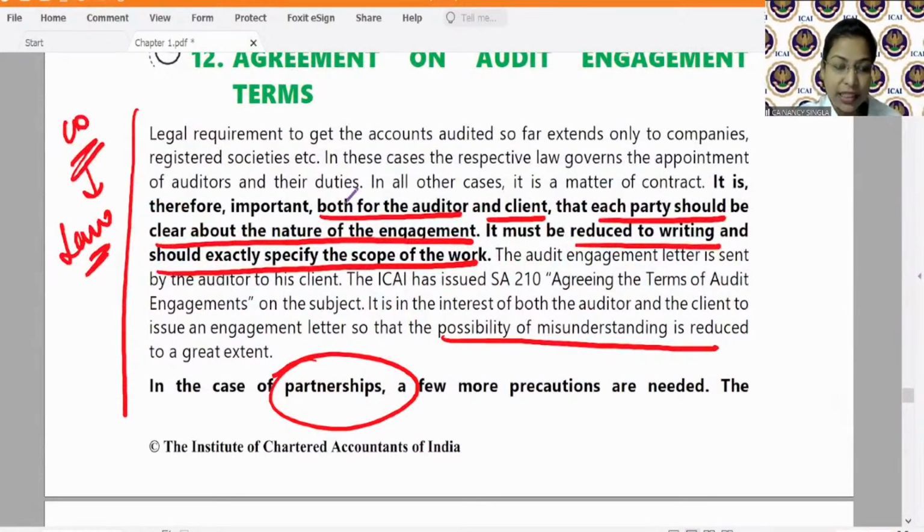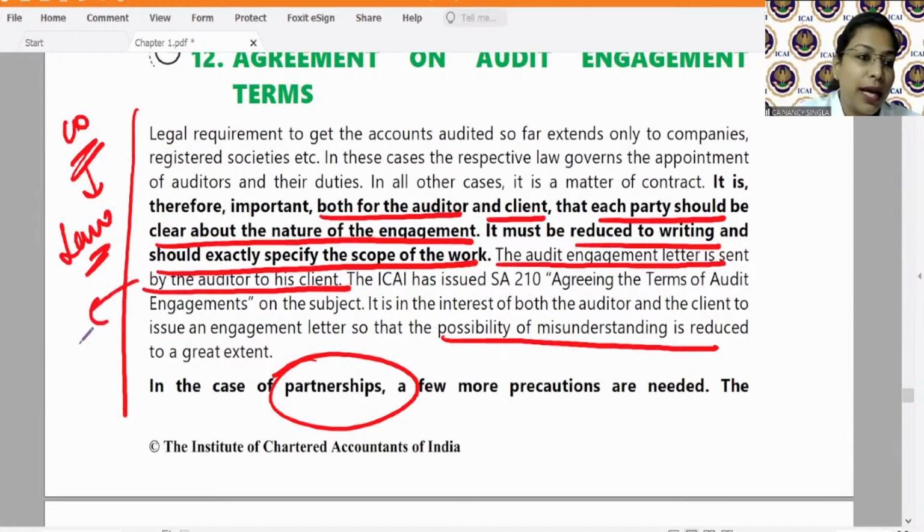Will auditor send it to the client or client send it to the auditor? See, it is mentioned here. The audit engagement letter is sent by the auditor to his client. I've given this to you as an MCQ or true false, कहीं पे I mentioned it. So it will be sent by the auditor to the client.